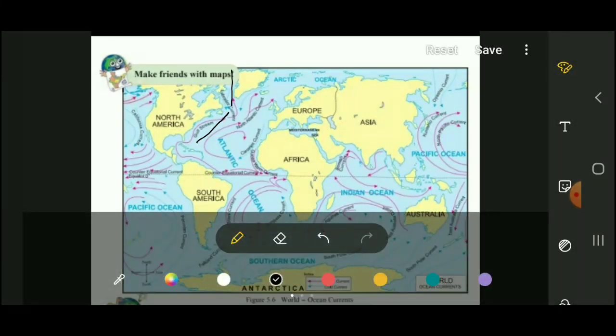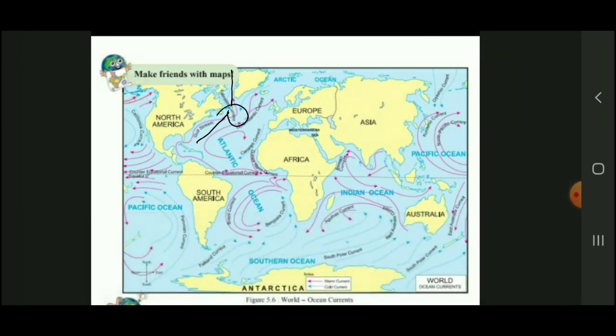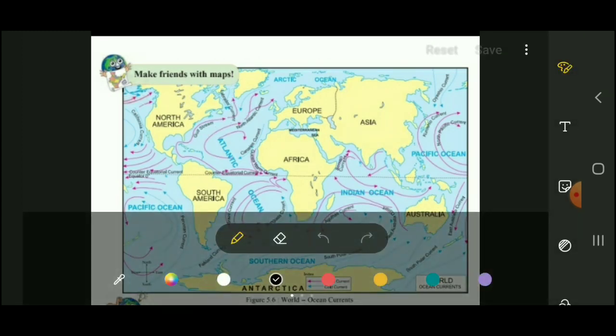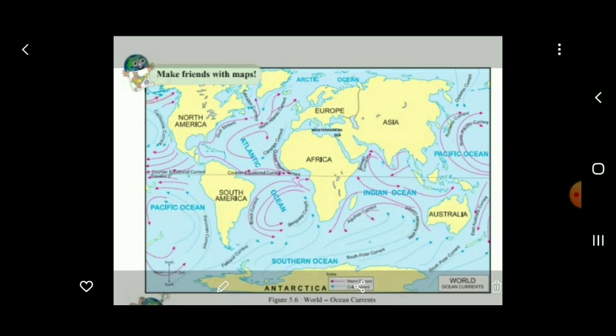The place where hot and cold current meets is a favorable place for the growth of planktons.